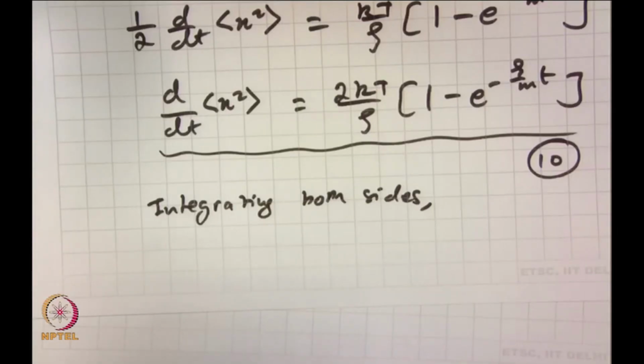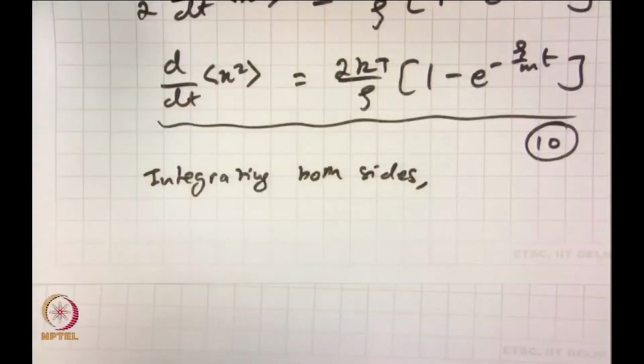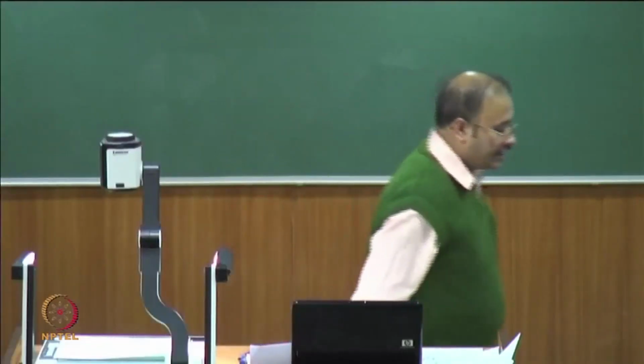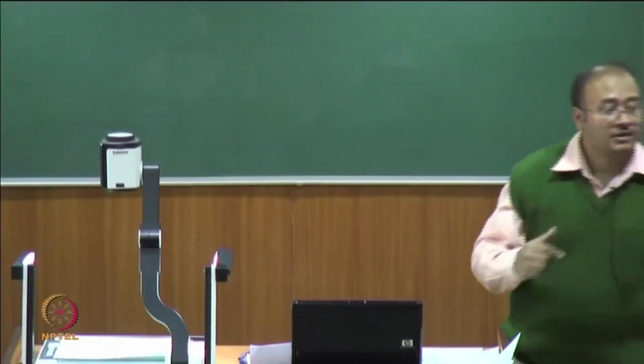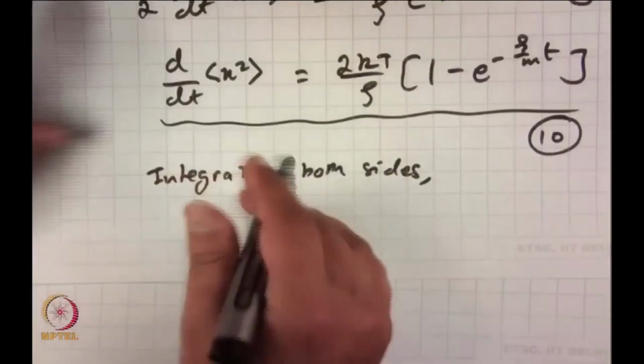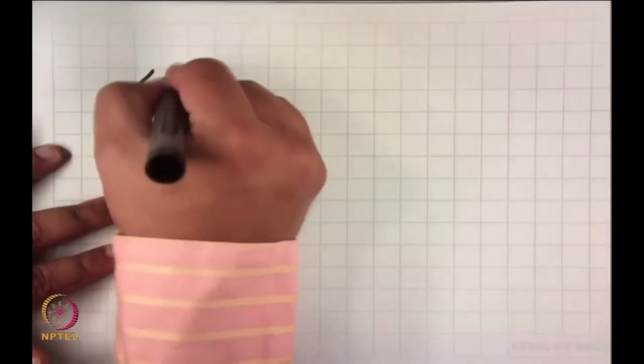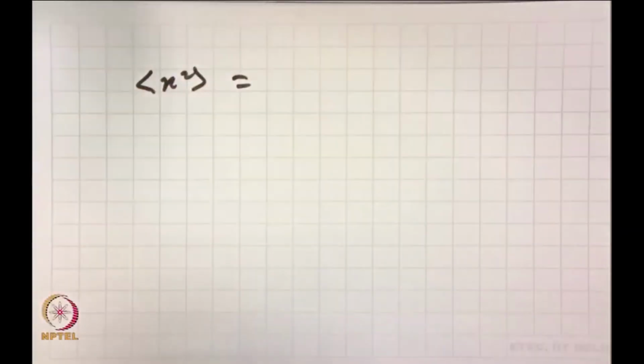What will happen to x squared? At t equal to 0, I can take x to be 0, that is what we started with. At the other limit I can take x to be equal to x. So on the left hand side I am going to have x squared only. Is that clear?